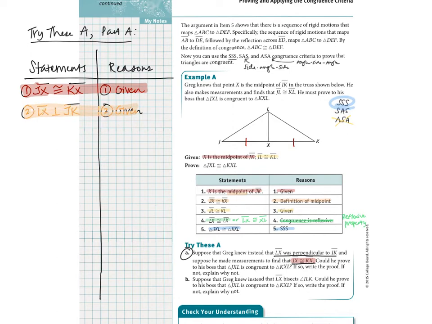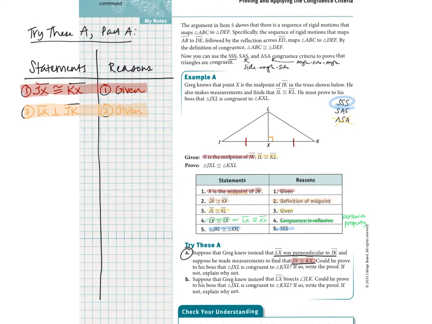So I'm going to go ahead and highlight that. I like color. So think about this. If I know LX is perpendicular to JK, I know that this is going to create that right angle on each of those sides.